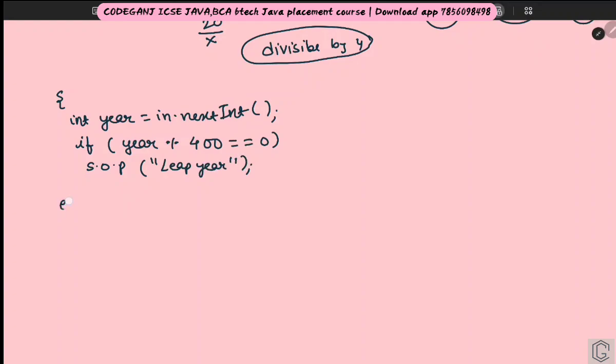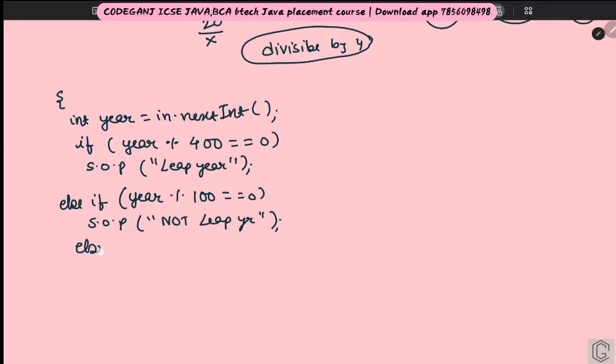What can be my next condition? My next condition should be else if, suppose it is not divisible by 400, then you should check for another negative thing. Another negative thing is what? If that particular year is divisible by 100, then it is certain that it is not a leap year. And suppose this also didn't happen, then you finally check else if the year is divisible by 4 or not.